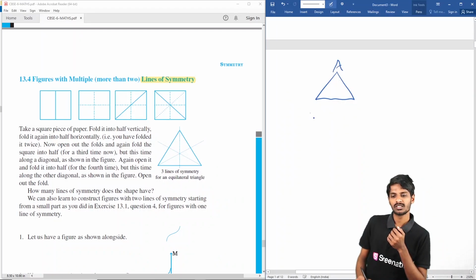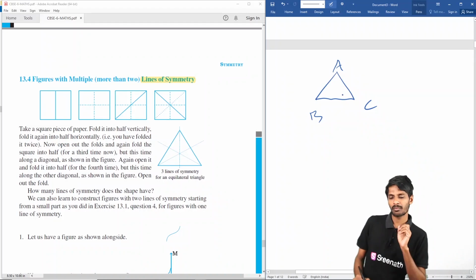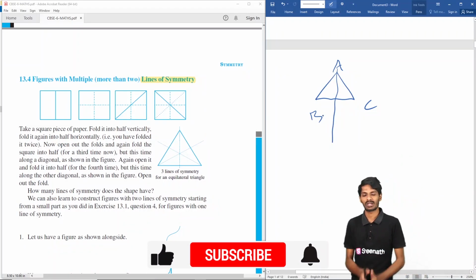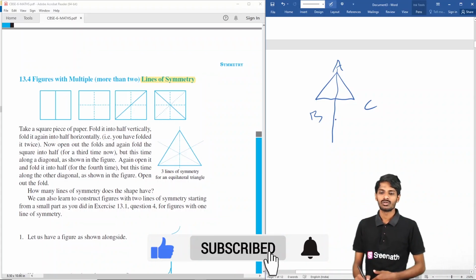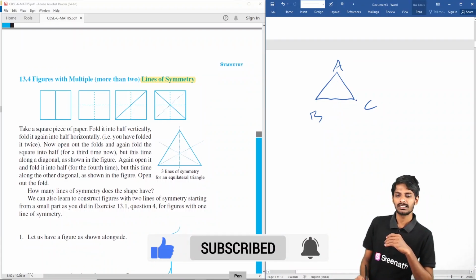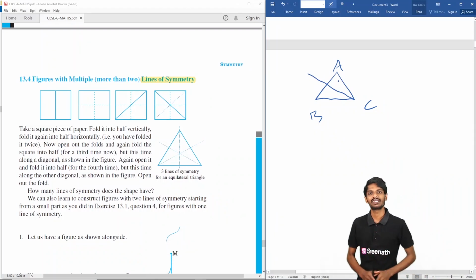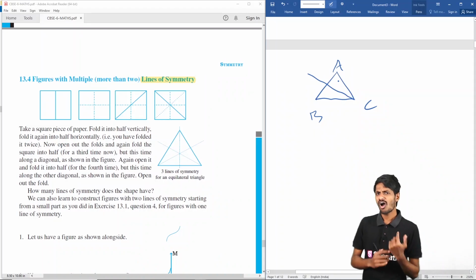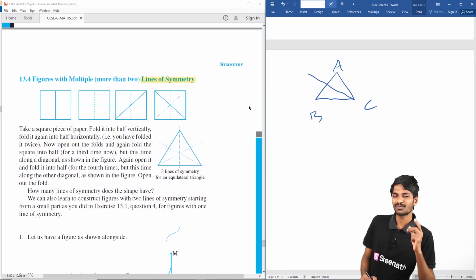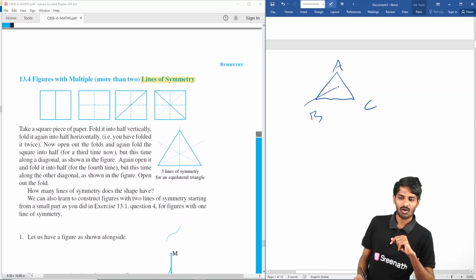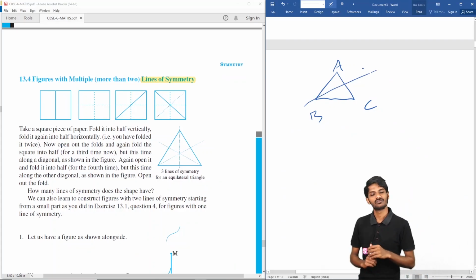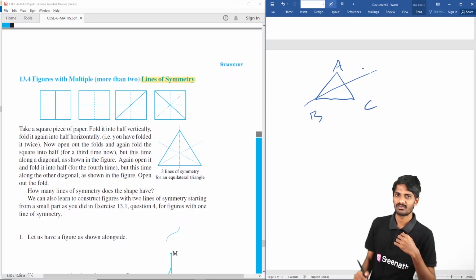Now suppose the triangle is A, B, C, just for remembrance. If you fold it along A and the opposite side, you will get one line of symmetry. Now try to fold it along C and the opposite side. Again you will get another line of symmetry. How many lines of symmetry did you get now? 2 lines of symmetry. Now again fold it along the B vertex and the opposite side. You will get another line of symmetry.